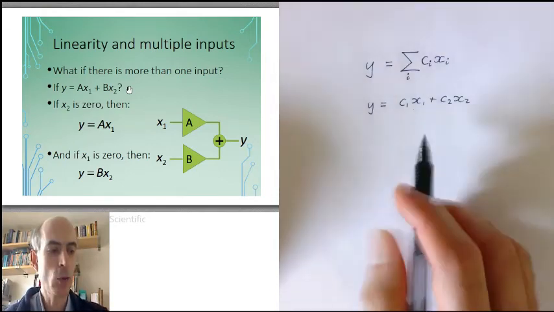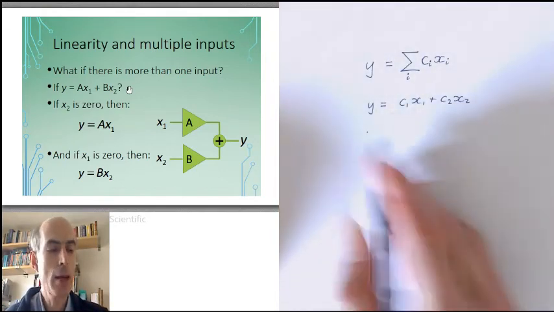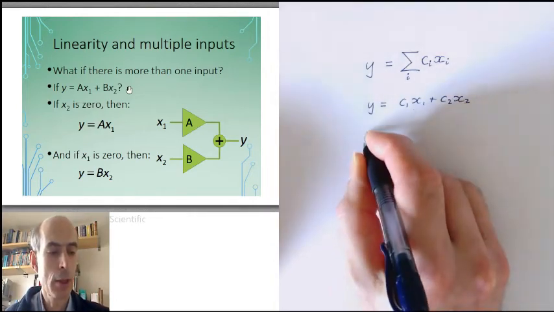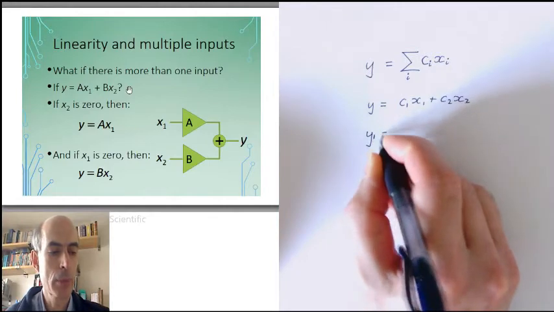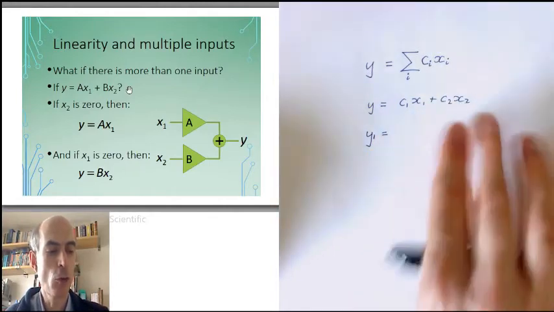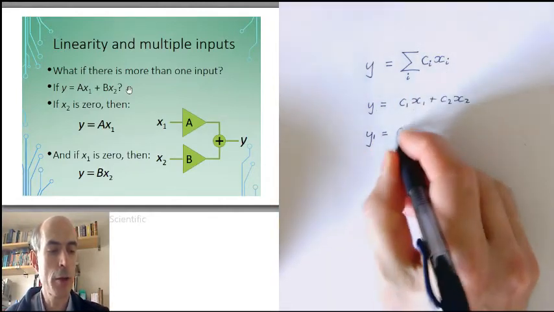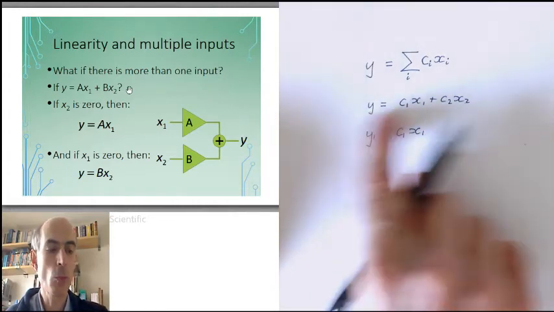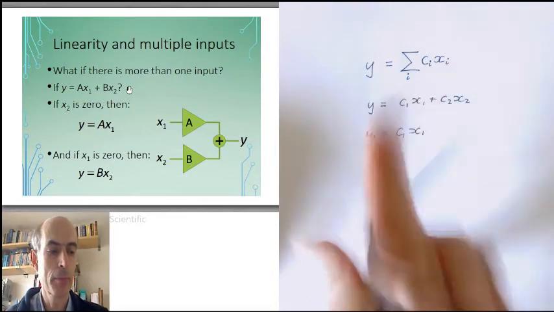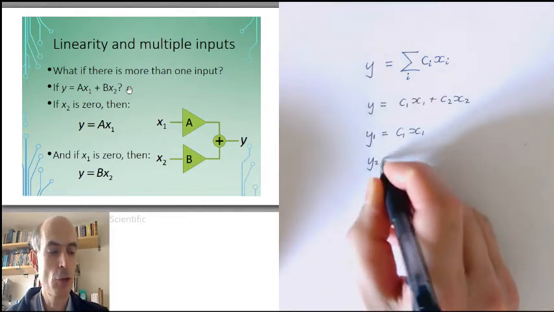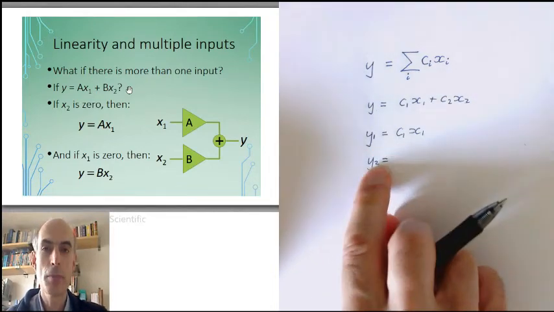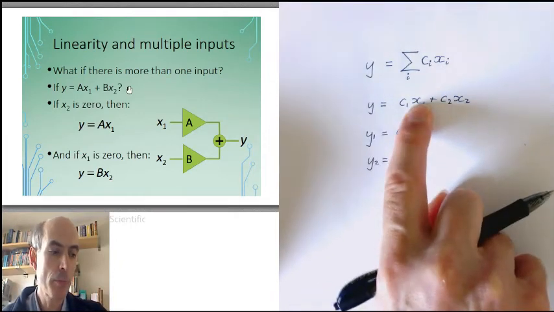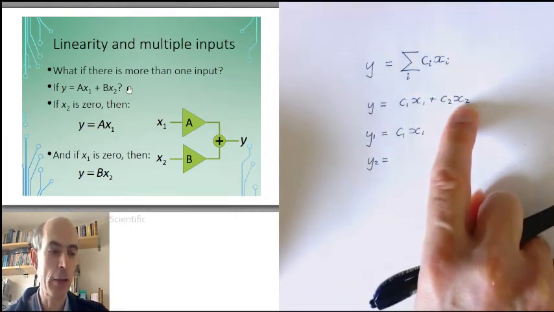I could look at what the output is when x2 is 0. I'll call that y1. When x2 is 0, that would be just c1 x1. I could look at the effect on y when x1 is 0. I'll write that as y2. y2 is the value of the output y when x1 is 0, but x2 has a value.